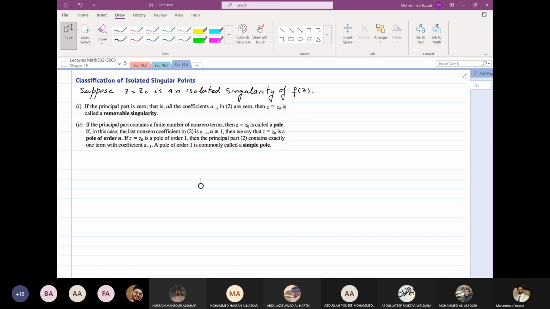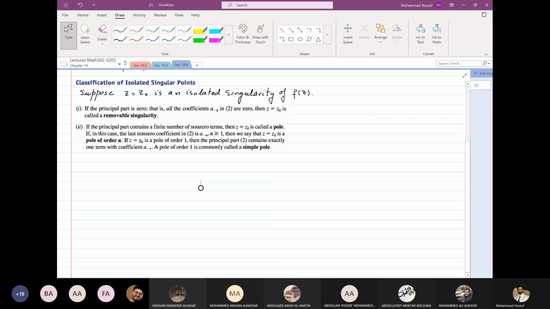If there is no more principal part, then it is called a removable singularity. If there are finitely many terms in the principal part, for example, there are 100 terms, and after that everything is 0, that is a negative 100 is nonzero, then a negative 101, a negative 102, a negative 103, all are 0.